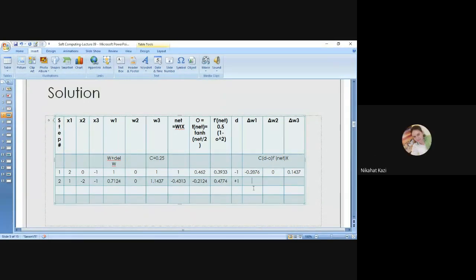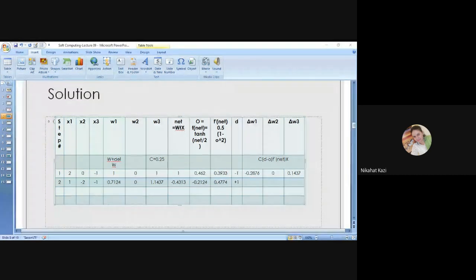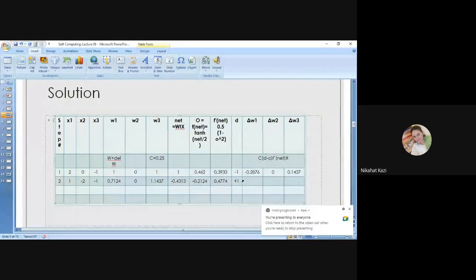Okay. Delta W1, 2, and 3. 0.1447. 0.144 is delta W1.